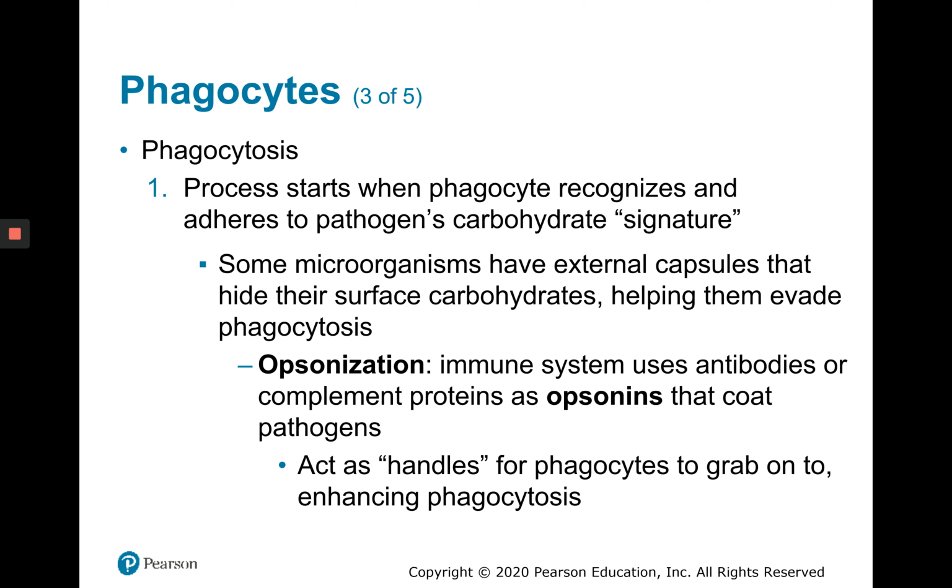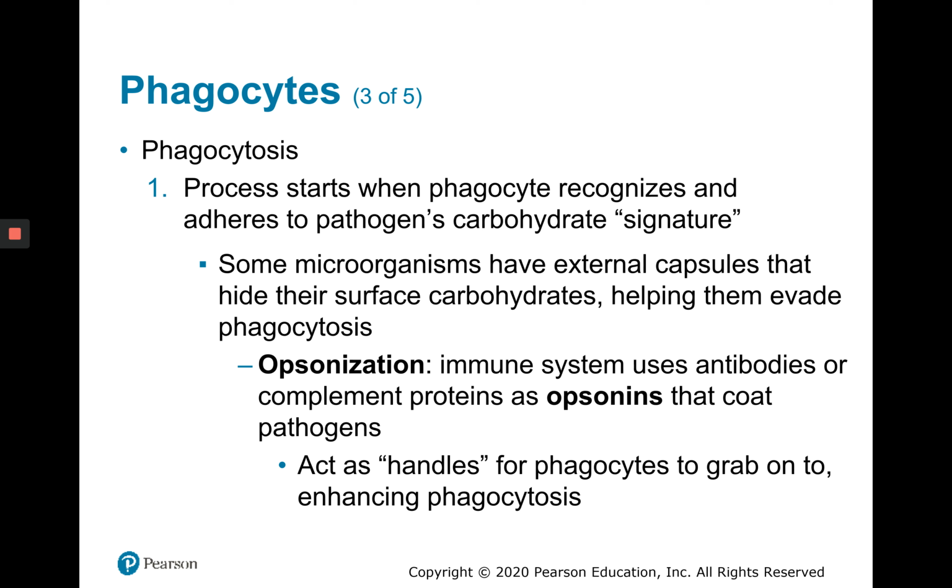Opsonization is a coating process. And it doesn't always work if a microbe's really good at evading the immune system, but opsonization occurs when the immune system uses things like antibodies or complement proteins. These things would be acting as opsonins, or the coating protein, and we would use these opsonins to coat pathogens.